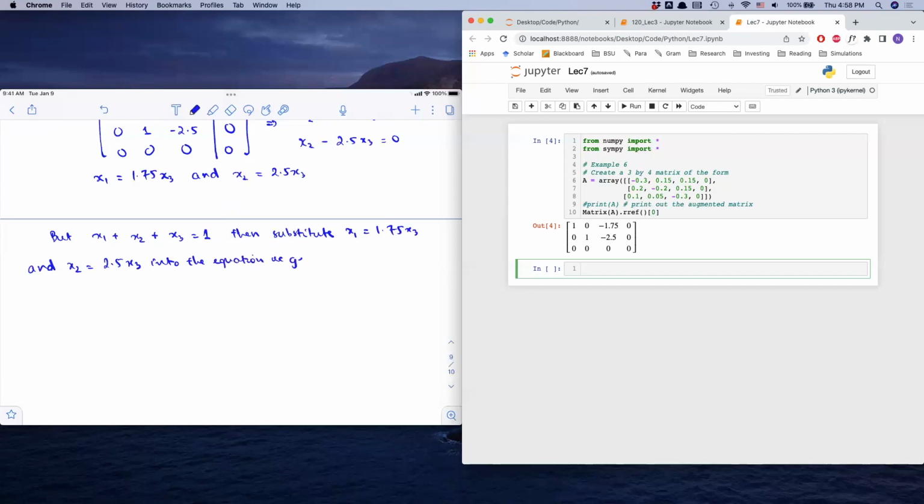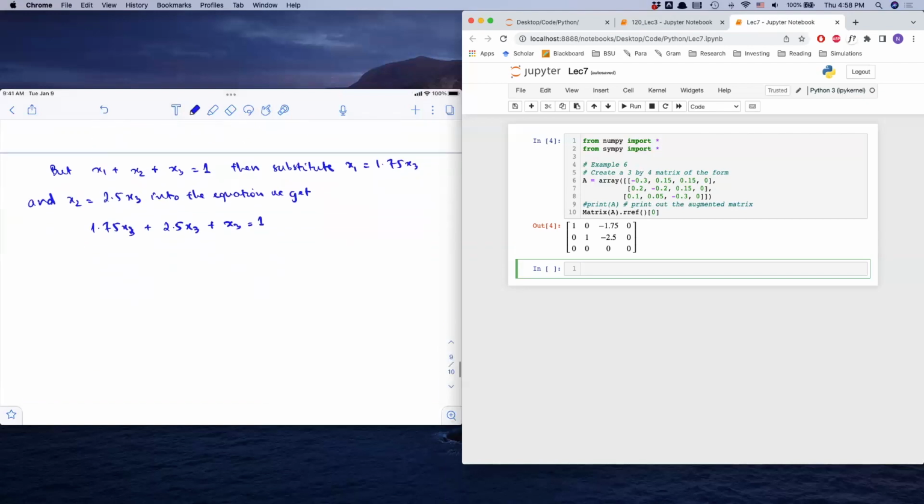We get 1.75 x3 plus 2.5 x3 plus x3 equals 1. A quick calculation gives me that x3 is going to be equal to 0.1905. I'm just going to choose 4 decimal places.